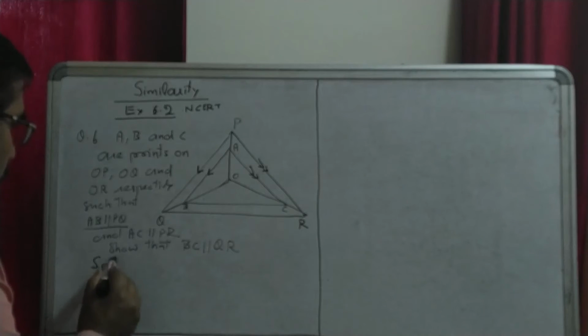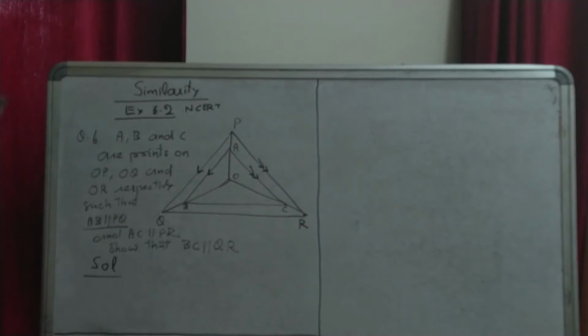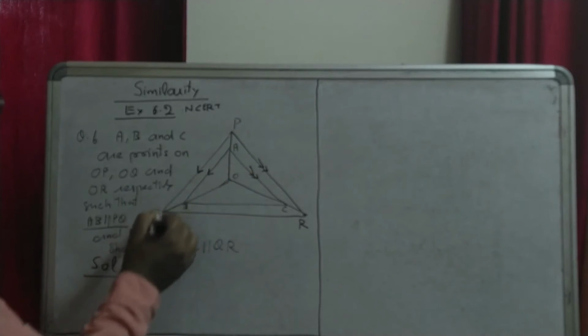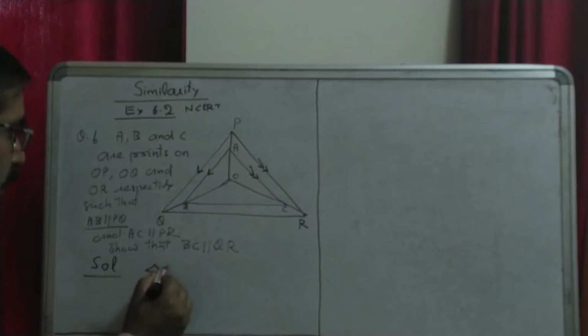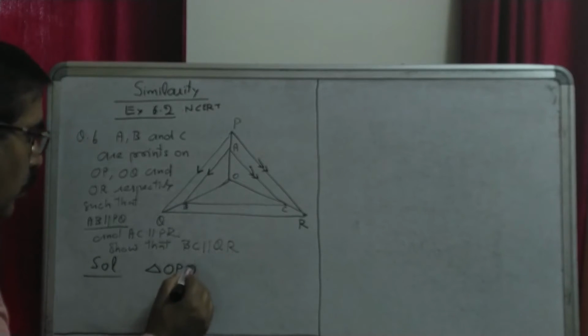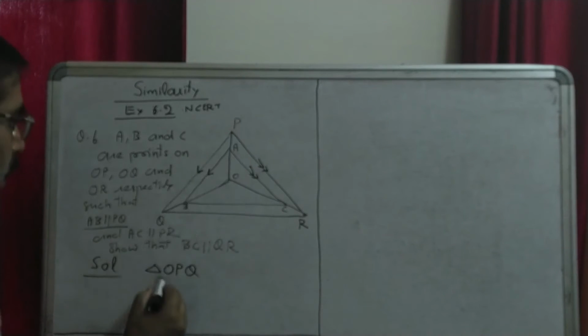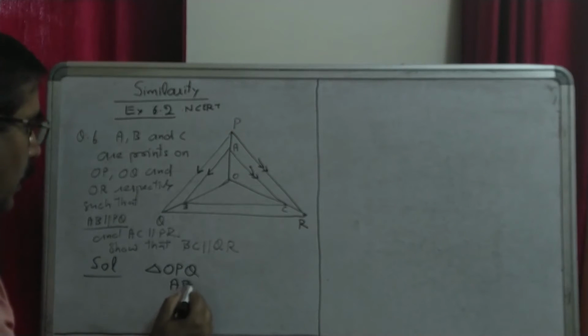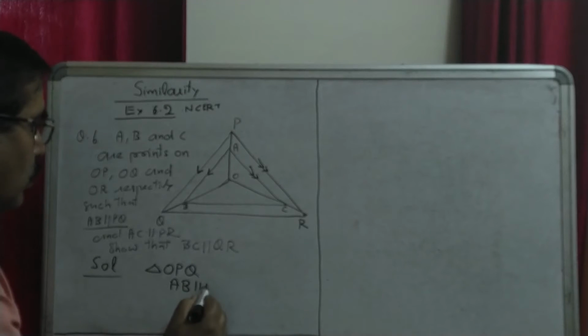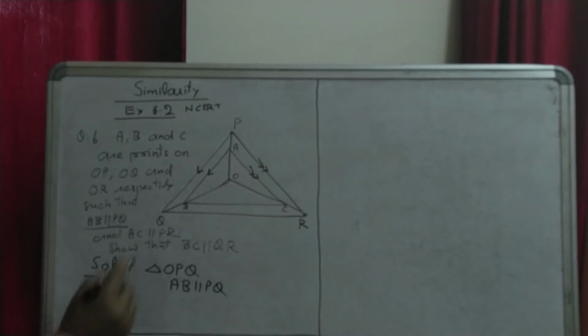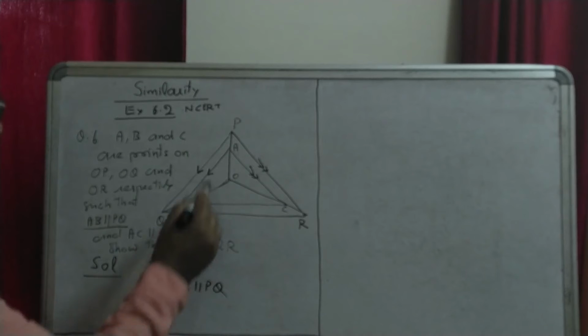First of all I am taking the triangle OPQ. Now you see in this triangle OPQ, AB is parallel to PQ, right? So if AB is parallel to PQ, what does it mean?